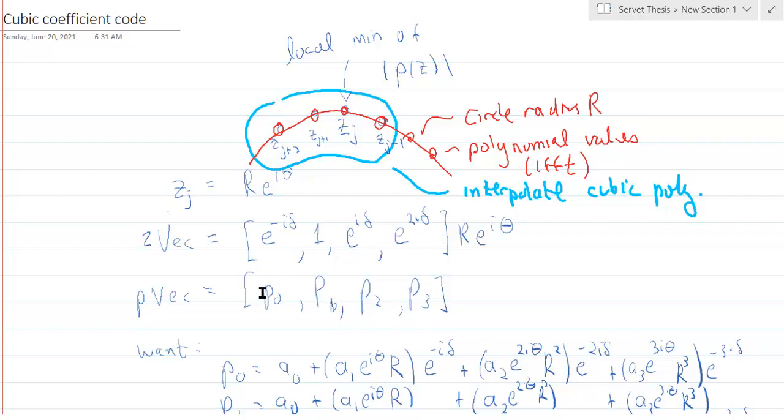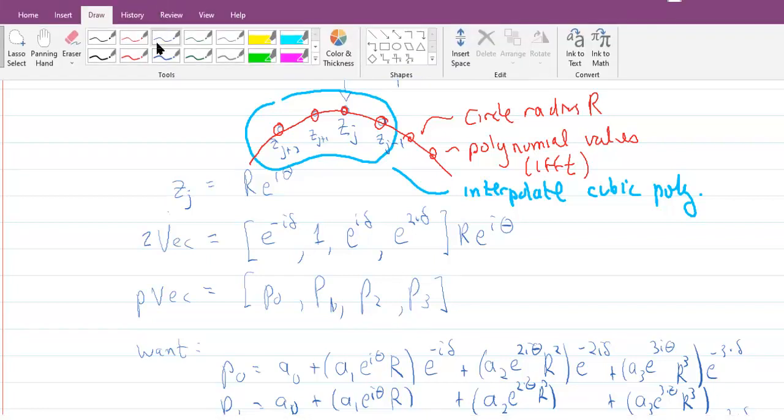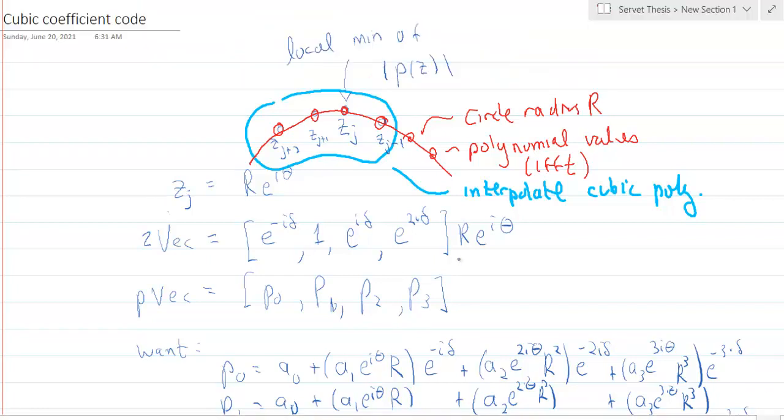I also have a vector of polynomial values at these 4 points. So let me just specify that. These are the polynomial values at the 4 points.